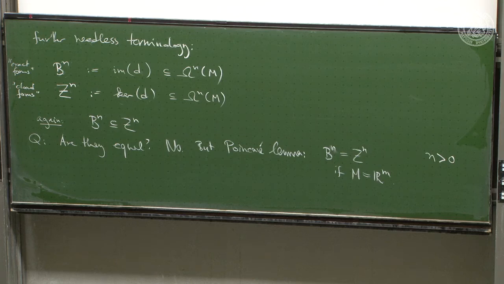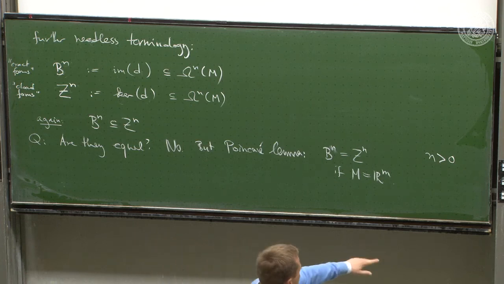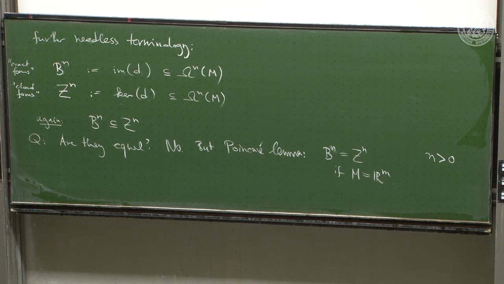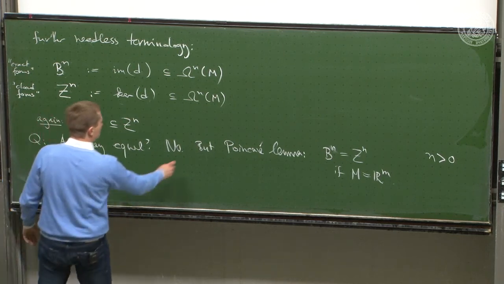And that plays, for instance, a role in the Aharonov-Bohm effect in quantum mechanics and stuff like this. So it's not very esoteric to say you're not on R4. You can easily bring up experimental setups that produce this effect. Okay, are they equal? No, but on R4, yes.